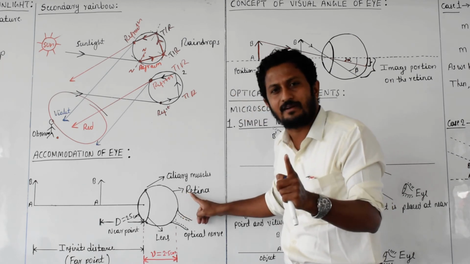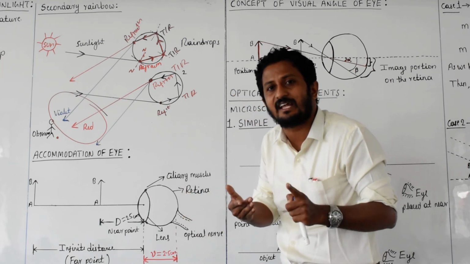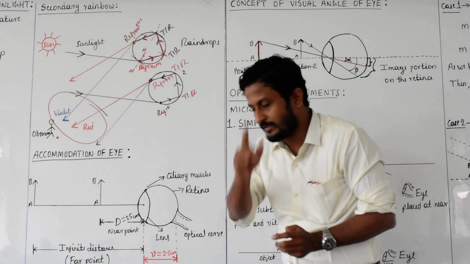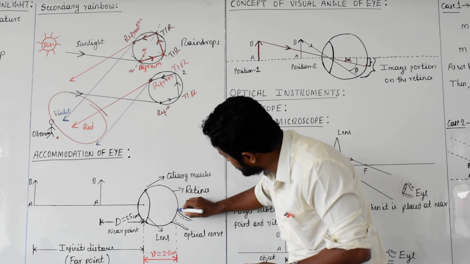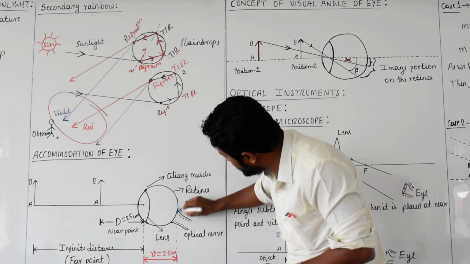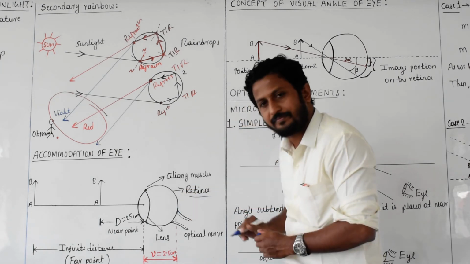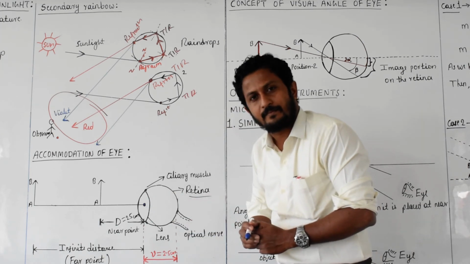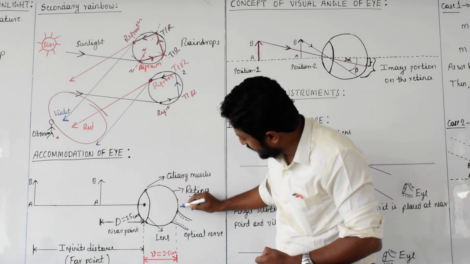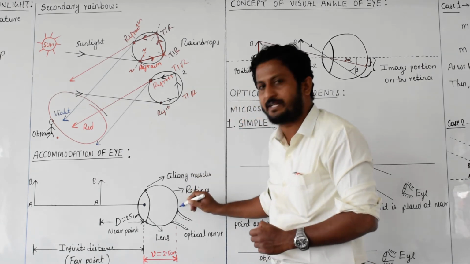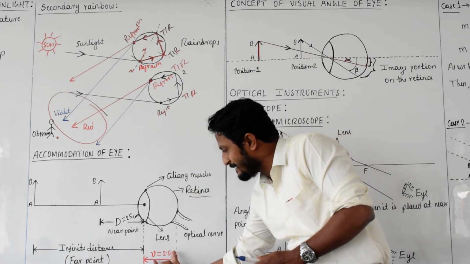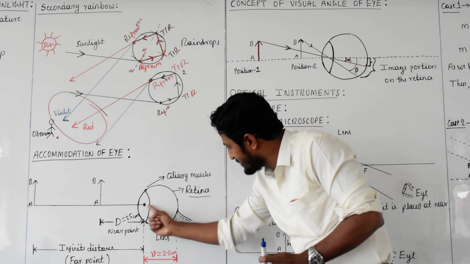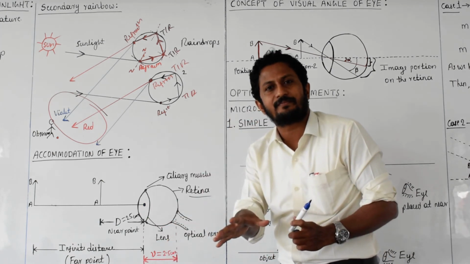I already said, the retina is behaving like a screen on which we get the image. The image should always be here on this retina. This is the optical center. Always the image should be on the retina, meaning the image distance is fixed.